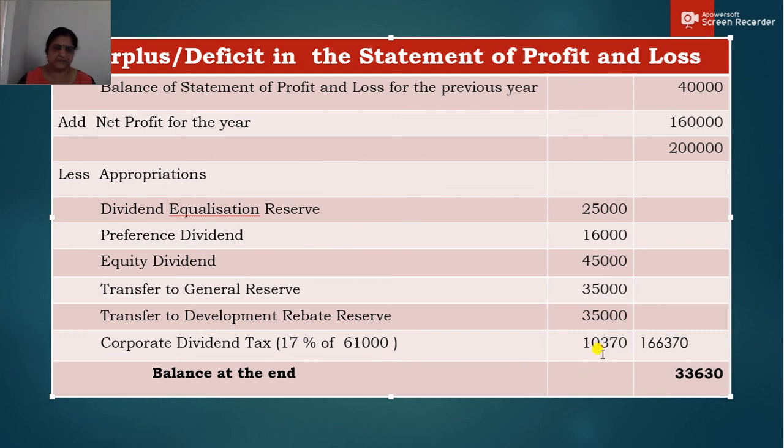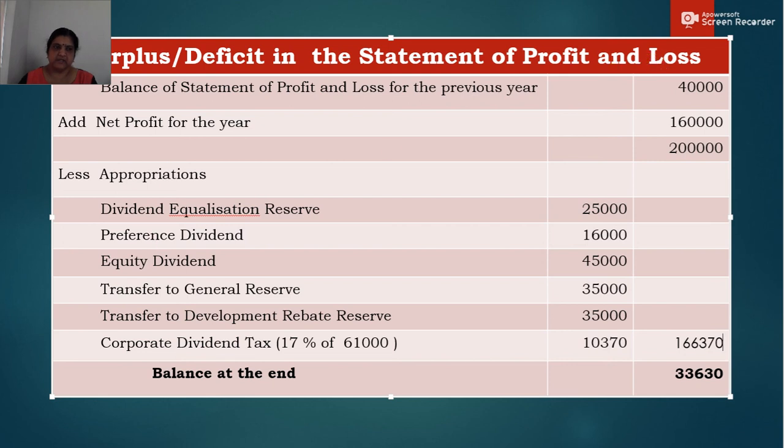So the total is 1,66,370. So balance at the end 33,630. Okay. So this is regarding calculation of surplus or deficit in the statement of profit and loss.